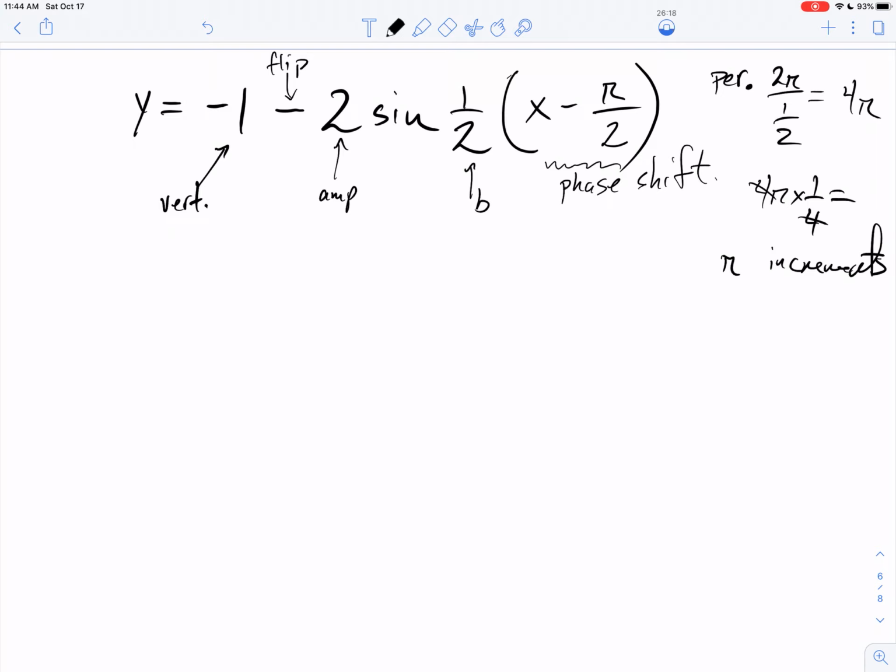But I'm getting better at this. I know that my normal period on this function would start at 0, and in this case it would end at 4 pi, because that's my period right here. So let's find our start and stop here.